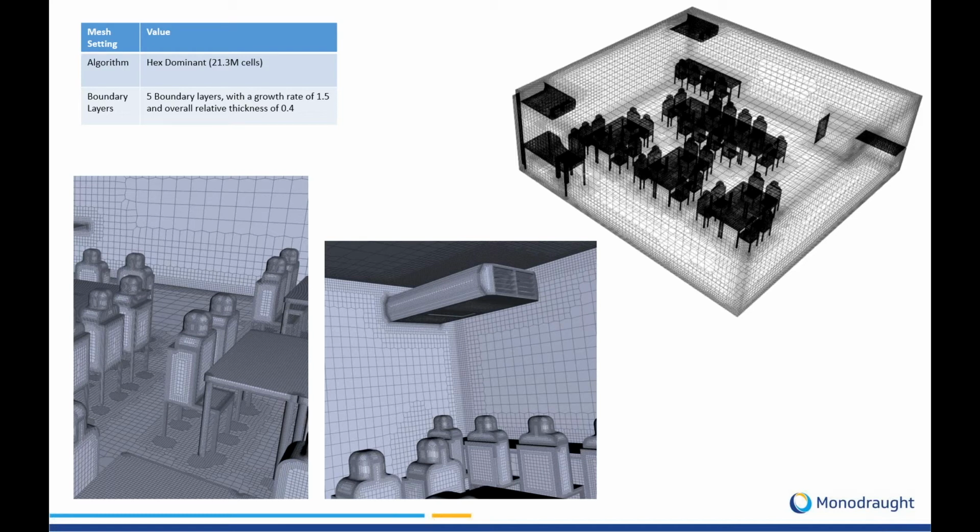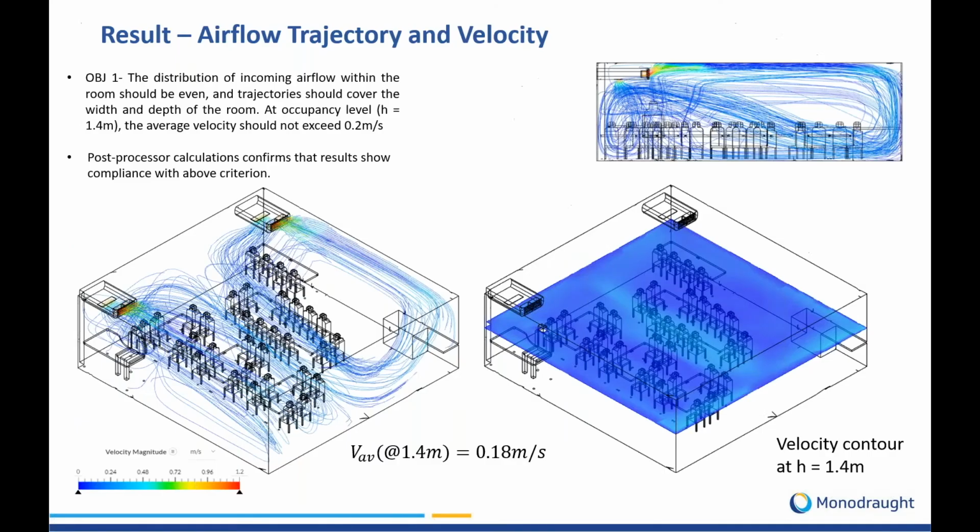We used the hex dominant mesh algorithm, which resulted in 21.3 million cells, and the boundary layer that captures the more viscous sublayers closer to the wall. We used 5 boundary layers with a growth rate of 1.5 and an overall relative thickness of 0.4.